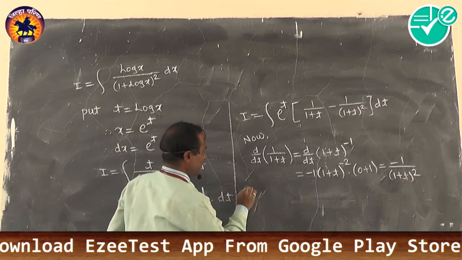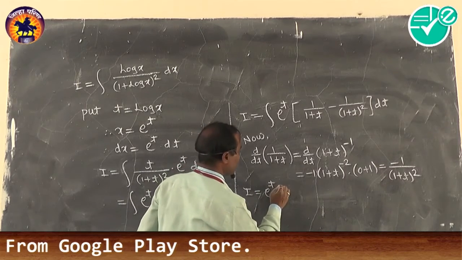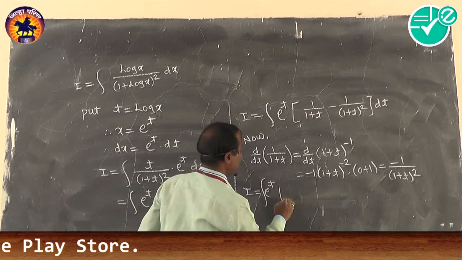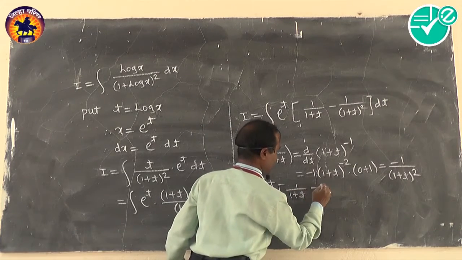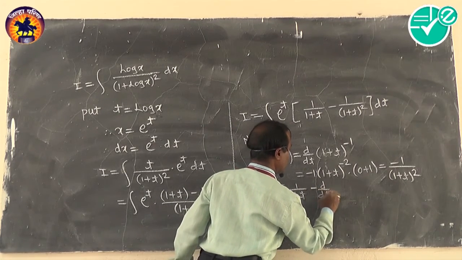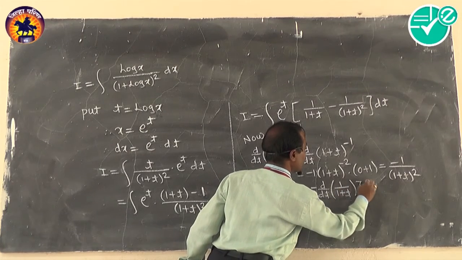Now this can be written as integral of e raised to t into (1 upon 1 plus t minus d by dt of 1 upon 1 plus t) dt.